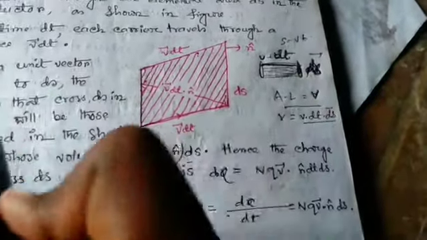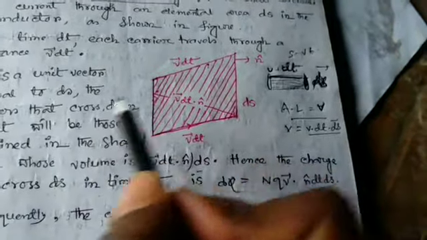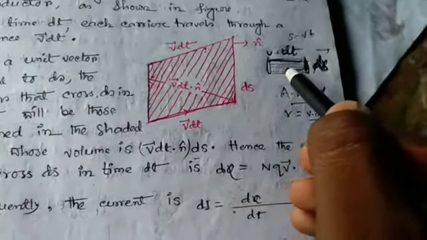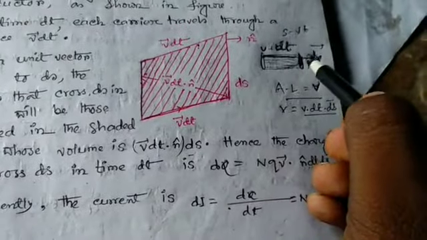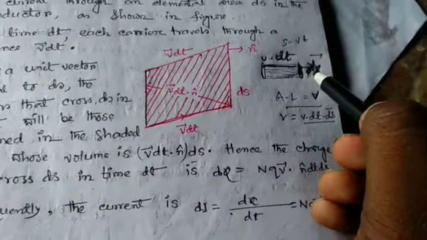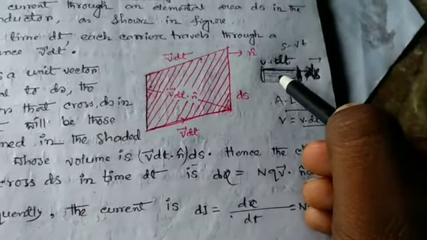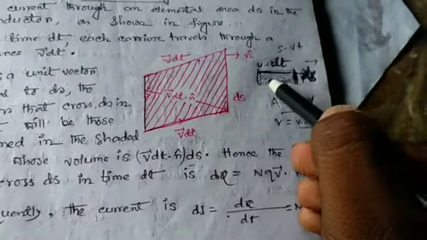So here the same thing happens. The number of charge carriers passing through the incremental area ds in time dt is the same as the number of charge carriers contained in this volume.